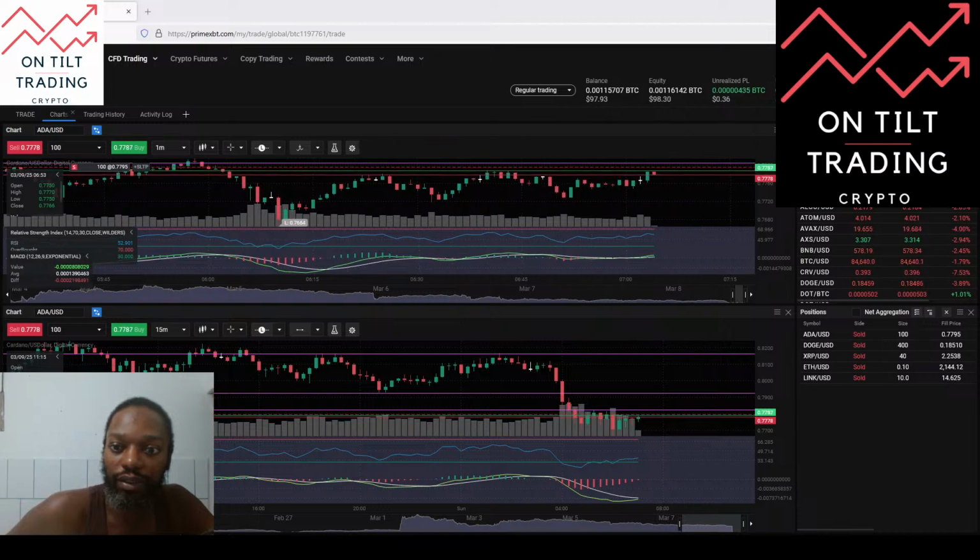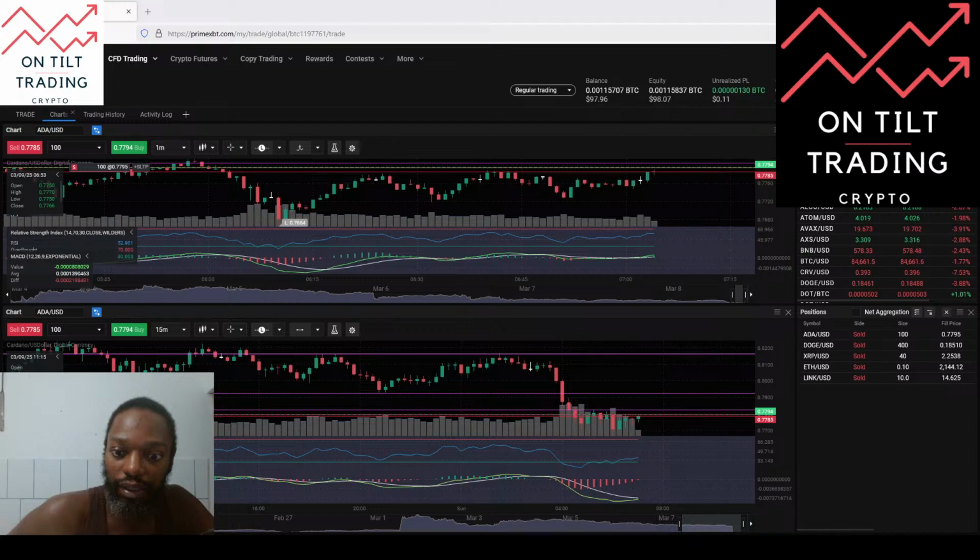But if we can get this MACD here to cross back below this average and get the relative strength index to come down, we may be able to break away from S4 to S6, or this may be stronger than I thought, and this may reverse.